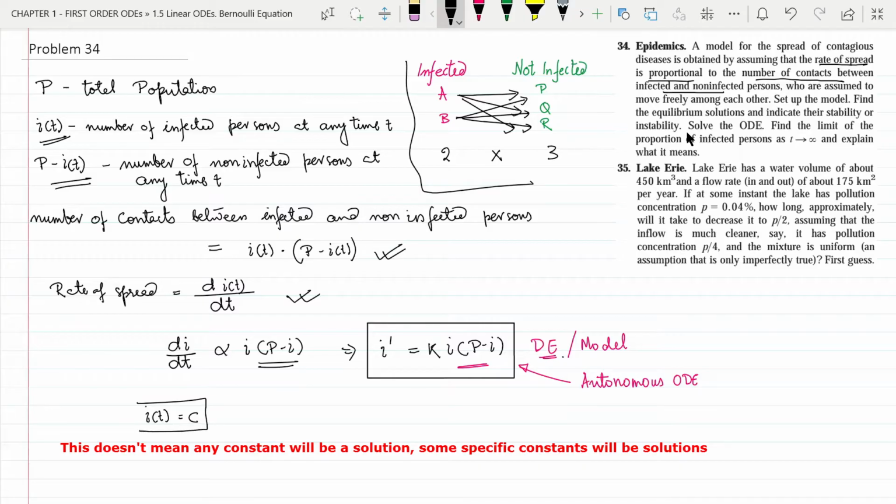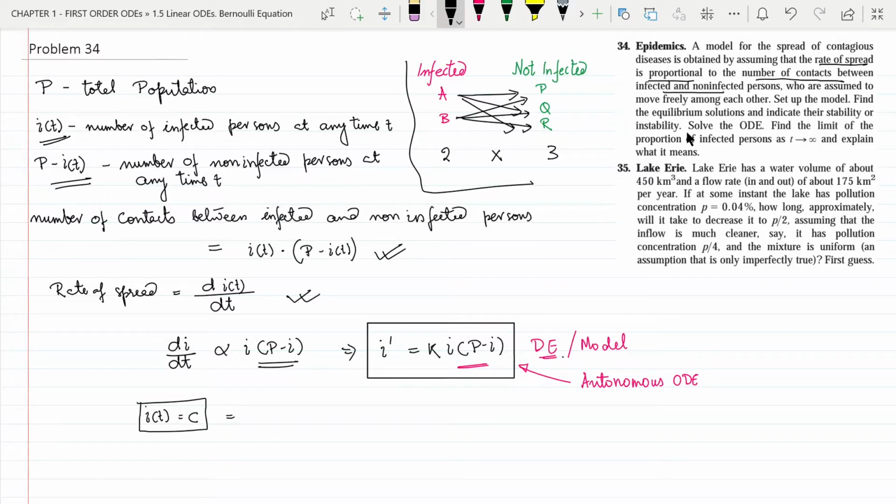From this we can write I dash equal to 0, and if we put I dash equal to 0 in here, it will be k I (p minus I) equal to 0, which implies I equal to p or 0. So these two are the constant solutions to the autonomous ODE, and these solutions are called equilibrium solutions.